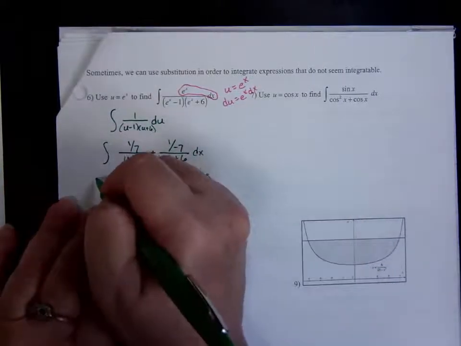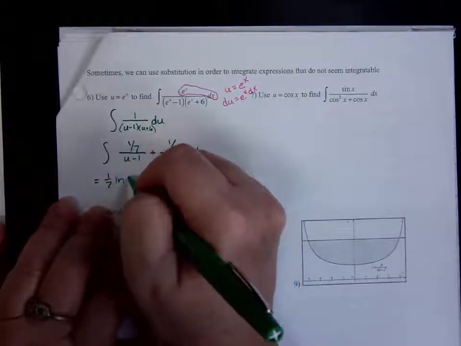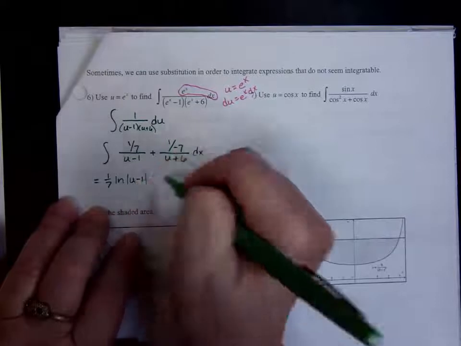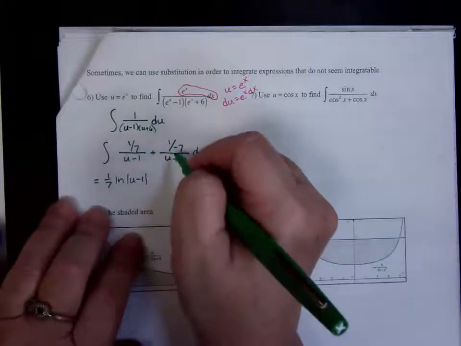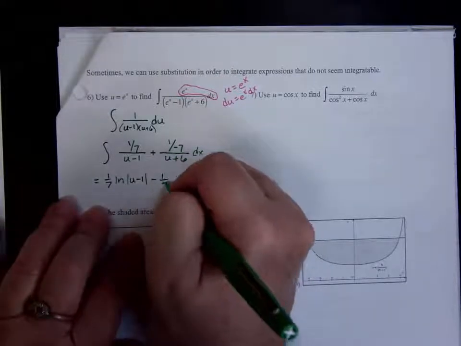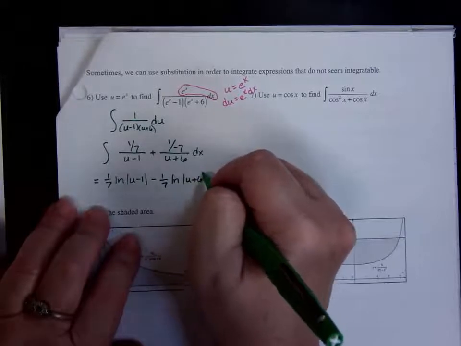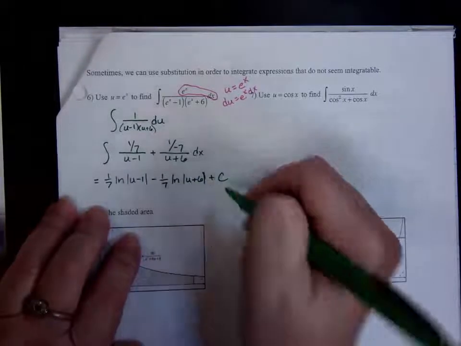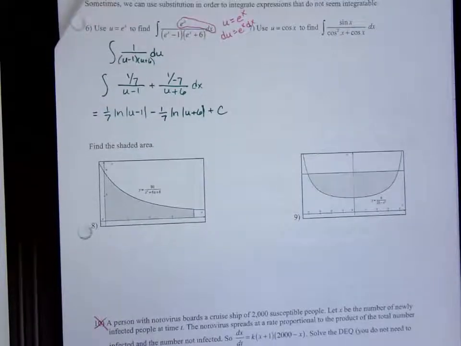So this will now be, we're ready to integrate, 1/7 ln absolute value of u minus 1. Now because this fraction is really negative and it's coming down, it's going to be a minus 1/7 ln absolute value of u plus 6 plus c. Am I done? No, you have to plug in.